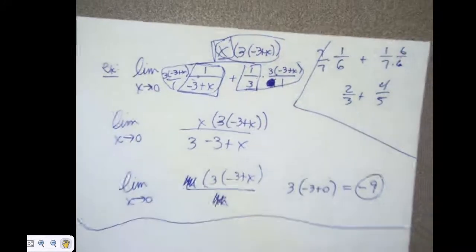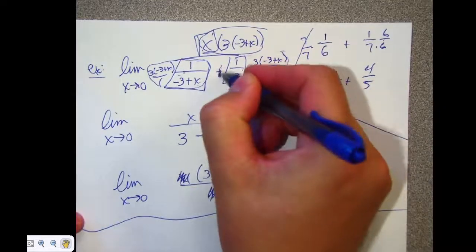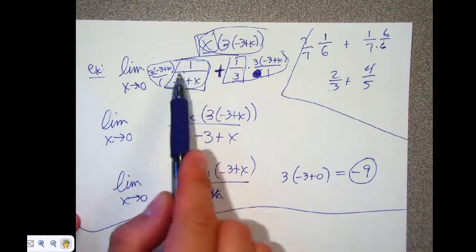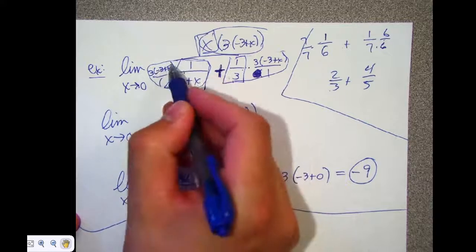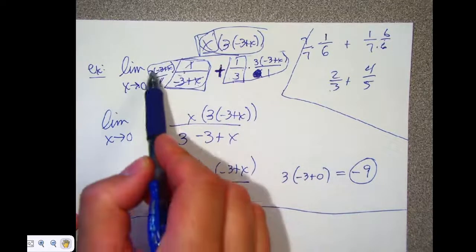Where can I help on that? How did you get 3 minus 3 plus x on the bottom? Because wouldn't it be 3 times negative 3 plus x as a common denominator? Well, there's this big plus sign in the middle, though, right? So when I multiply this together, the negative 3 plus x cancels, and the 1s don't really matter. So all that's left over here is the 3.